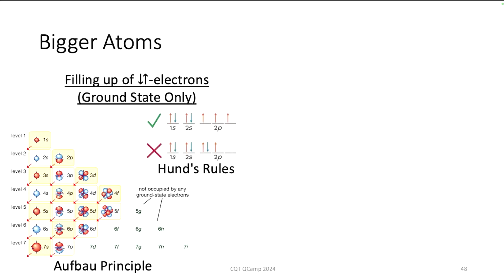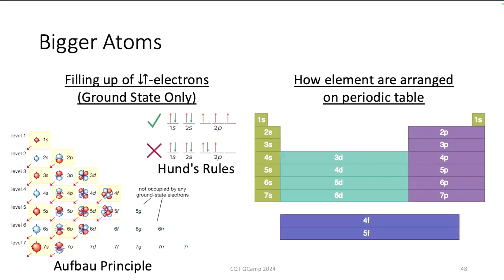So we have 1s, 2s, and then 2p, 3s, 3p, 4s, and so on and so forth. You're also going to learn about Hund's rule. Basically, all the orbitals must be filled singly before we fill them doubly.